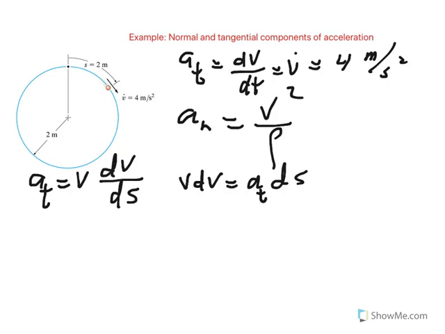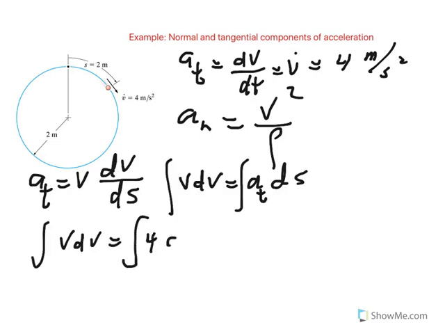And if we go ahead and integrate this, so v dv, and put the limits, and remember, a sub t is a constant 4. So if we go from, let's say, when position is 0, velocity is 0, remember it starts at rest. Then the position is 2, what is velocity? And that's exactly what we want.